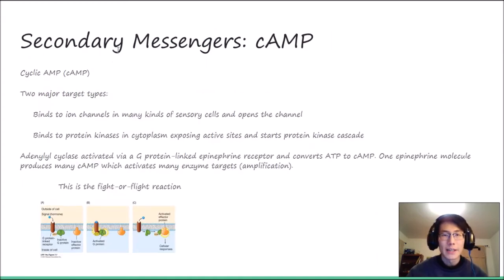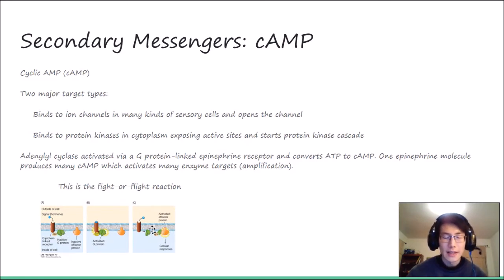In terms of secondary messengers, one of the big ones is cyclic AMP. If we think back to the G protein coupled cascade, the signal molecule binds to a G protein linked receptor, which causes the activation of the G protein by switching GDP to GTP.